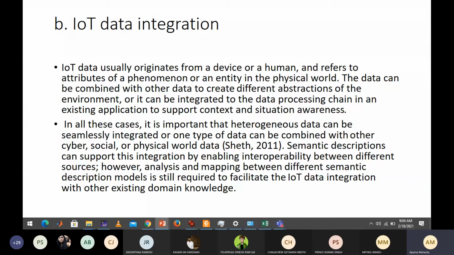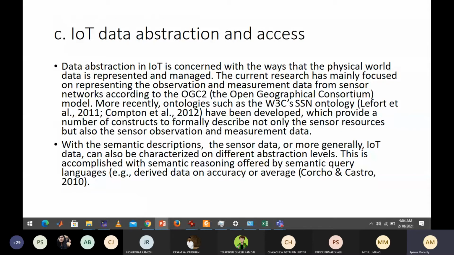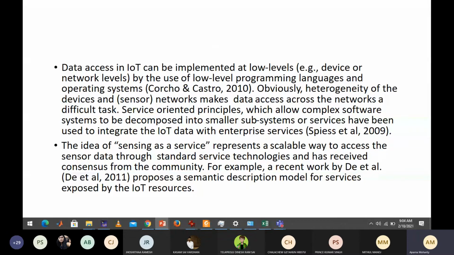So how does the semantic concept get used in your IoT domain? That day I gave you one example: suppose you are returning from your office by car, and you order your AC to switch on at, say, 24 degrees temperature. Automatically the information will be shared with the fridge, the TV, the lighting system, and the security system of the house.